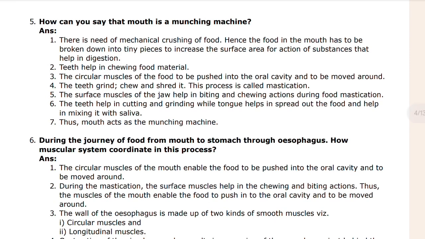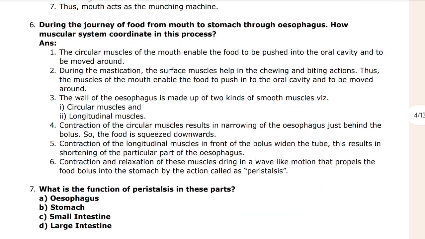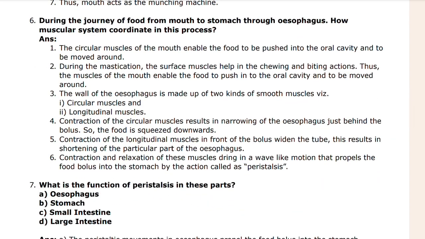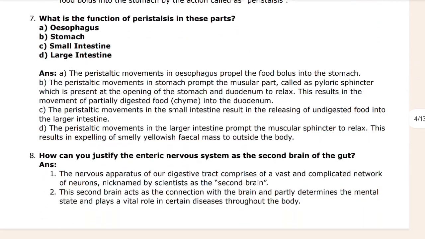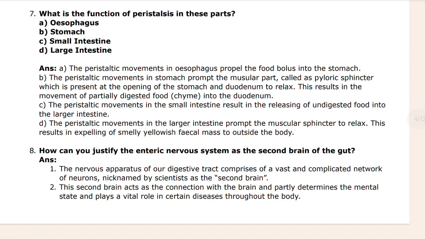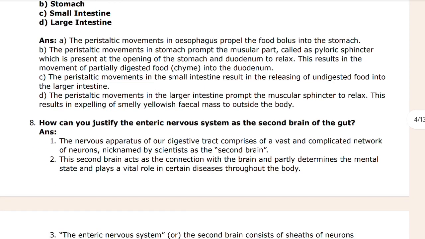How can you say that the mouth is a massaging muscle? The sixth one you can also see. What is the function of vesicles in these parts?